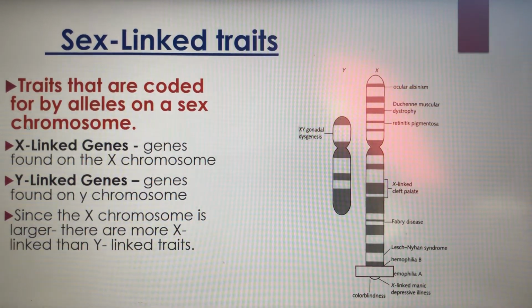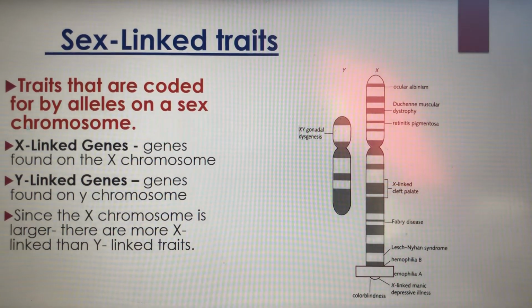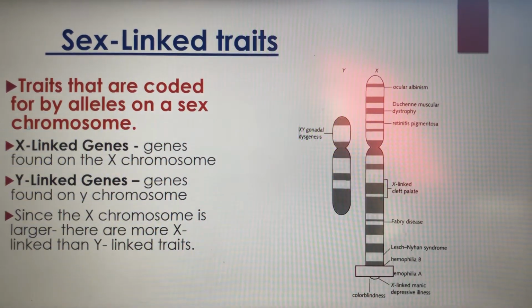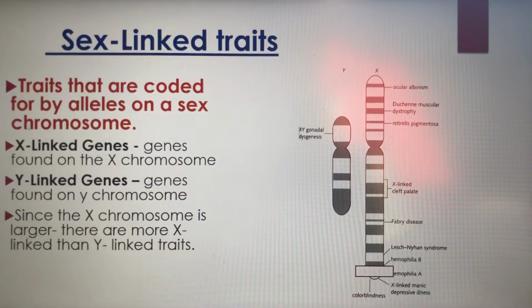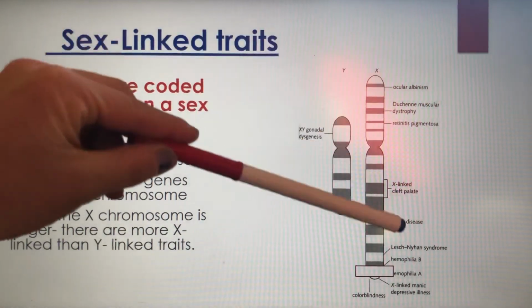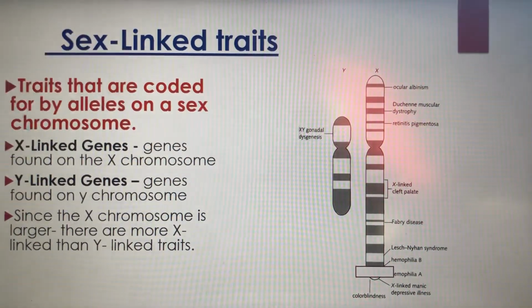When you say it's Y-linked, the genes are found on the Y chromosomes. Since the X chromosome is larger, a lot of times we'll have more X-linked traits. Okay, this just shows you some of the various traits that are found on the X chromosome. And then you see there's only a couple found on the Y.